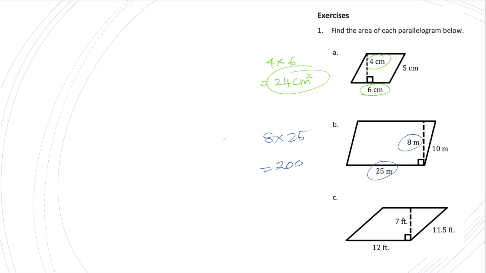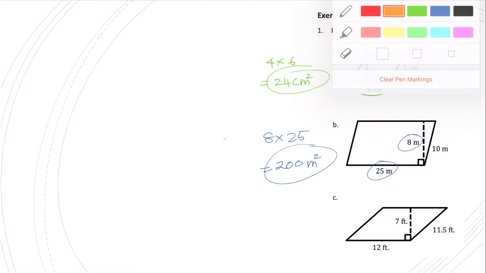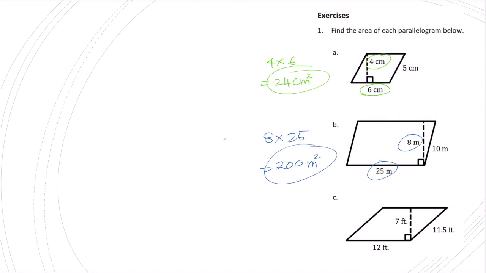It's 200 meters squared. Sorry, I said 8 centimeters. It is 8 meters. Alright, the next one. I'm getting my base as 12 feet and my height is 7 feet. When I multiply, I'm going to get 84 feet squared. And that's the area. Parallelogram is easier.